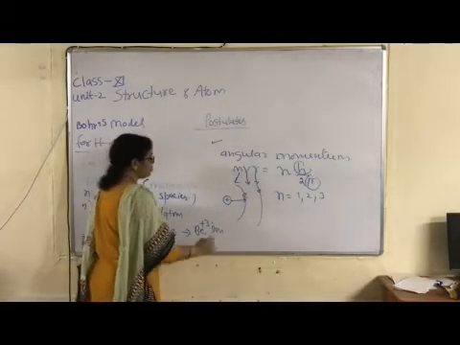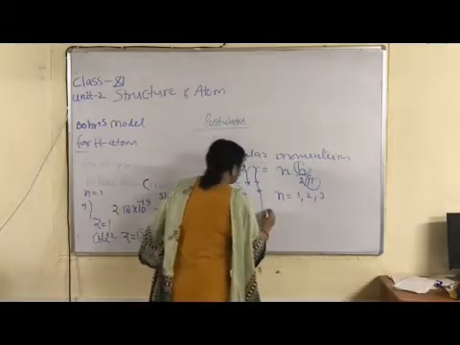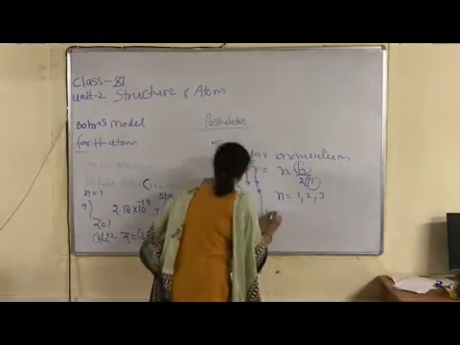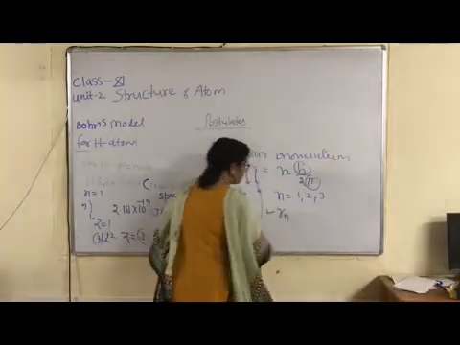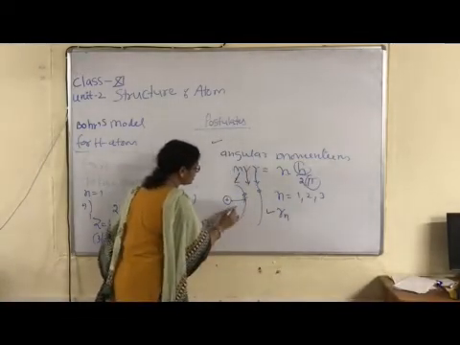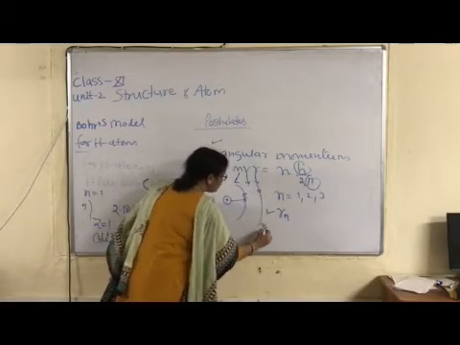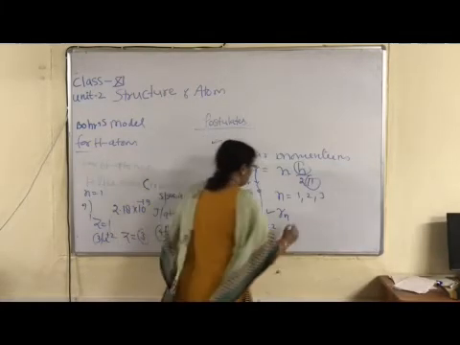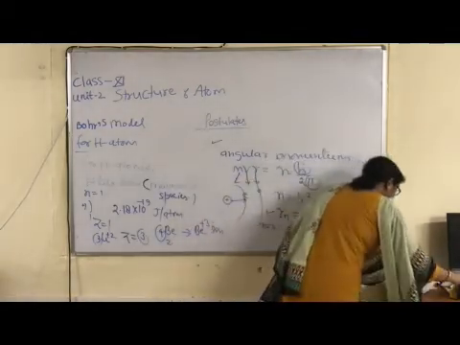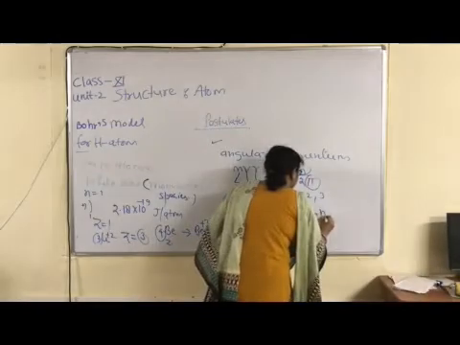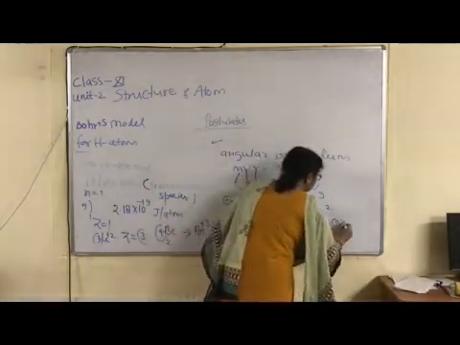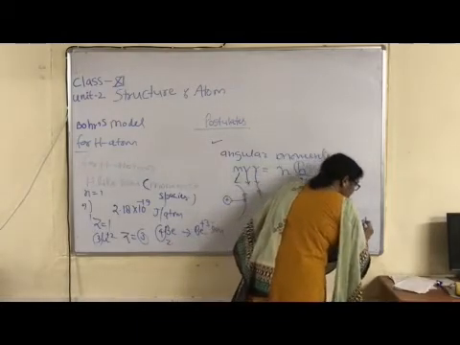Now the next postulate: radius of orbit, which is given as Rn. R for radius, n for the integral number where the electron is present. Suppose the electron is present in the second orbit, its value is equal to 2. Rn is equal to a naught into n square. Okay children, a naught is a constant.